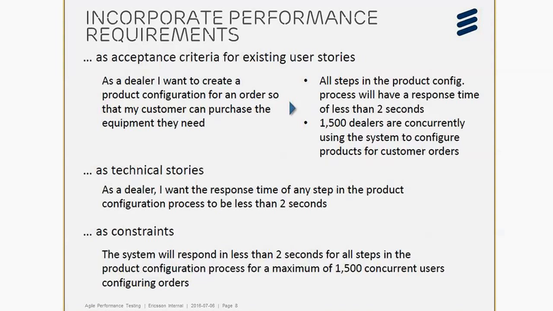There could be some constraints also added to that particular user story, where you want the system to respond in around 2 seconds with a maximum of 1500 user concurrency while ordering or making that purchase. So the first step in any agile performance testing activity would be to break down the user stories into reasonable performance-specific metrics that can be captured and tested in each of the phases going forward.